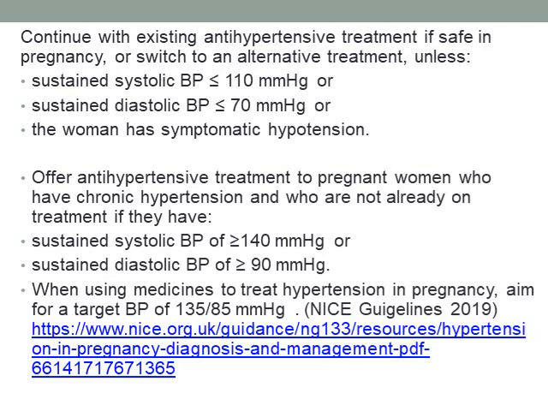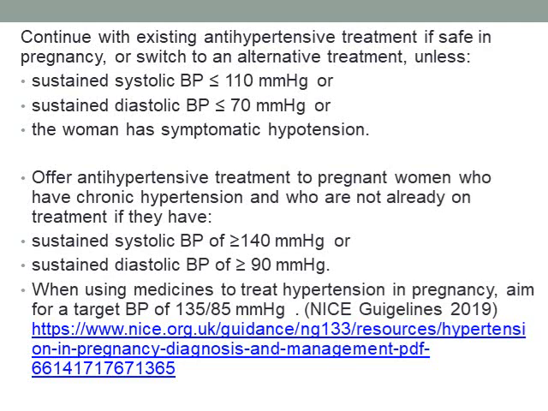Offer antihypertensive treatment to pregnant women who have chronic hypertension and who are not already on treatment if they have sustained blood pressure of 140 mm mercury or more or sustained diastolic blood pressure of 90 mm mercury or more. إذن أنا إلمن أعطي المريضة اللي هي أساسا ما كانت تاخذ واكتشفتها أنه هي عندها ضغط أثناء الحمل وكرونيك هايبرتنشن، فلازم أبدي وياها بعلاج. وفي حال شو وقت راح أبدي وياها؟ في حال أنه كان ضغطها العالي السيستوليك 140 or more والدايستوليك 90 or more.